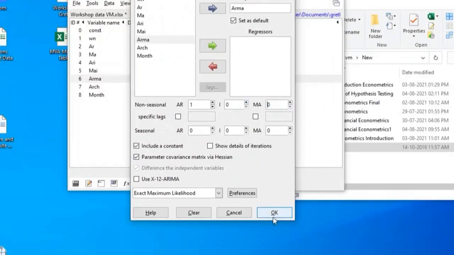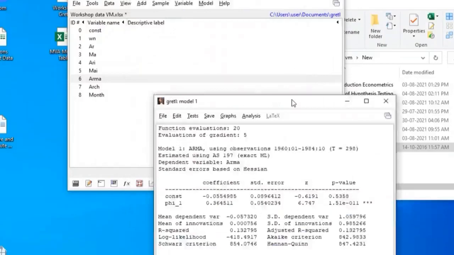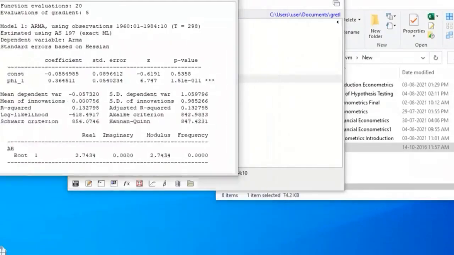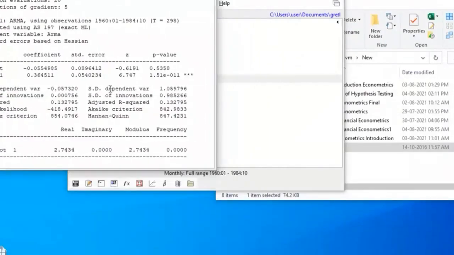So let us click OK. And here we have the result. So this phi 1 is the autocorrelation coefficient, that is the AR1 coefficient, and it is highly significant. We have 3 stars. So the model is significant.